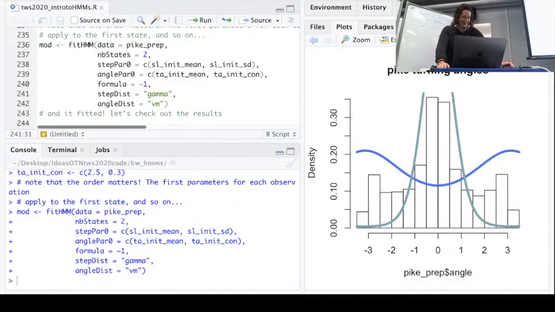Sweet. How would you decide, for example, with the heart rate, to put it in the covariates and not in the HMM model itself, in addition to step and angle? The difference is that these models have been specifically tailored for step length and angle. So I'm not sure if it can incorporate a third observation. It might, but that depends on the package.